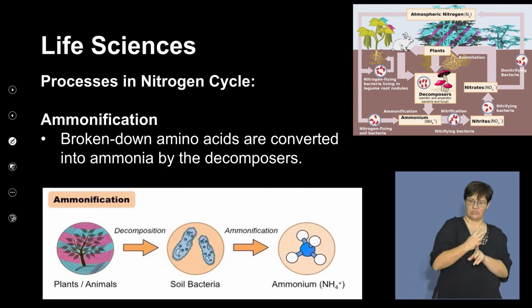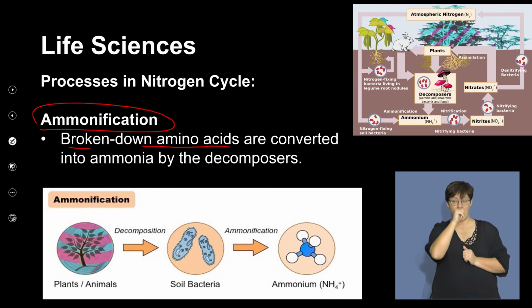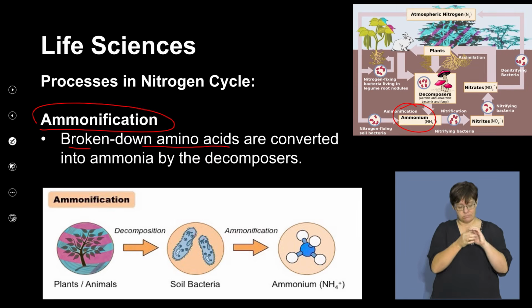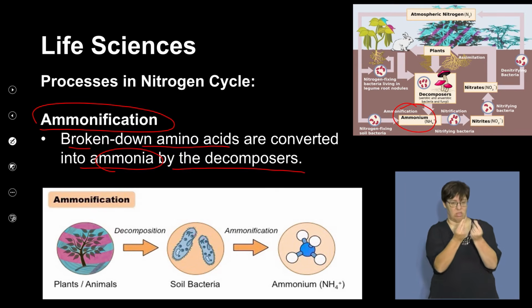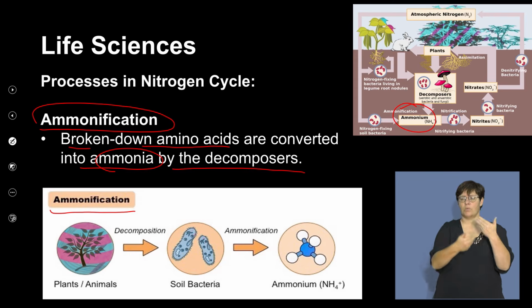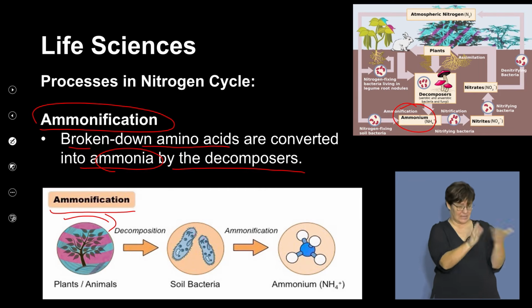The next process we're looking at is ammonification. Again, the broken down amino acids that are released during the process of decomposition are converted into ammonia by your decomposers. This image shows you the process of ammonification, where plants and animals that decompose during the process of their cycles of life.